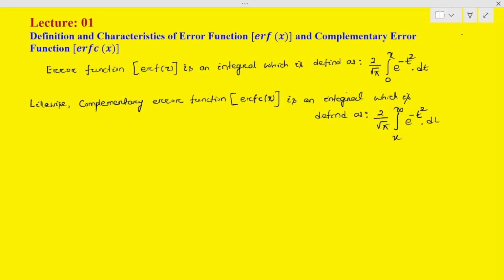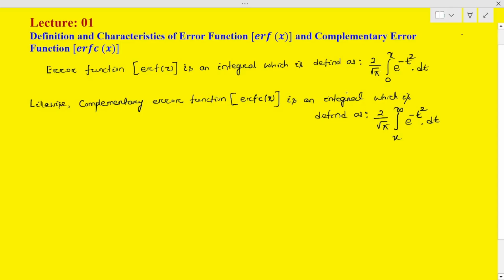As I told, both x and t are dummy symbols. So the lower limit is 0 to x for the error function, and for the complementary error function the lower limit is x and the upper limit is infinite.